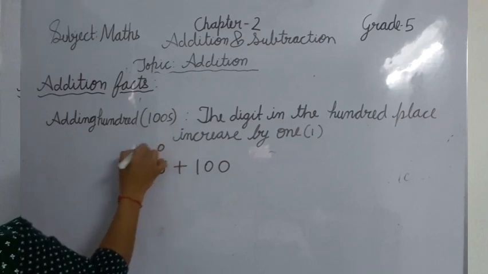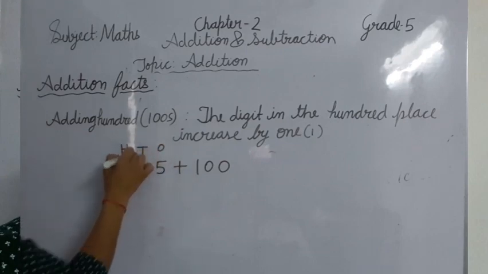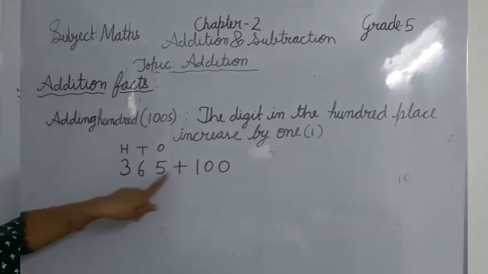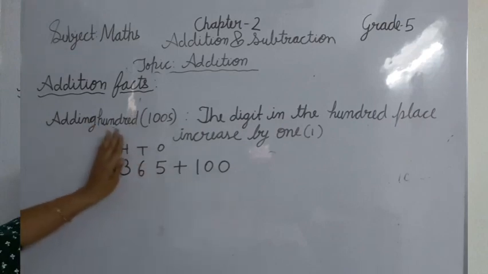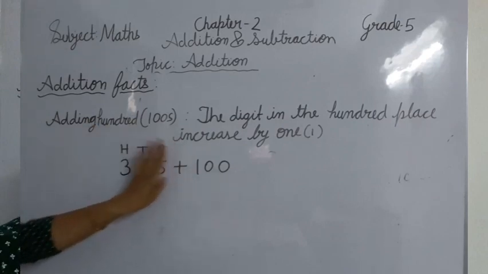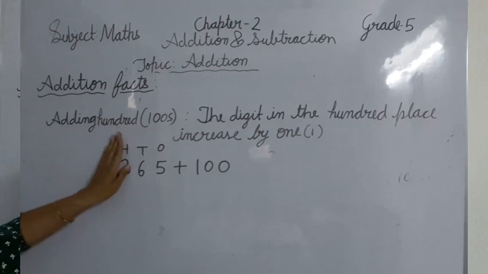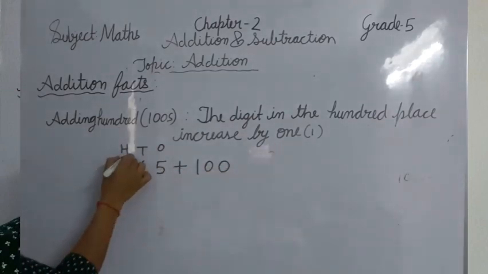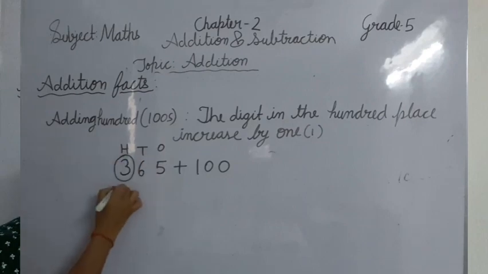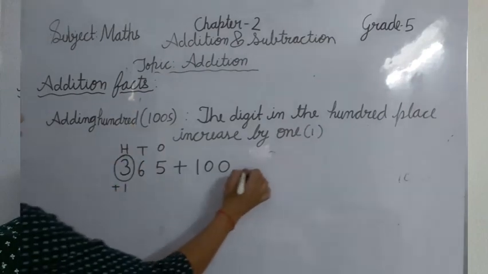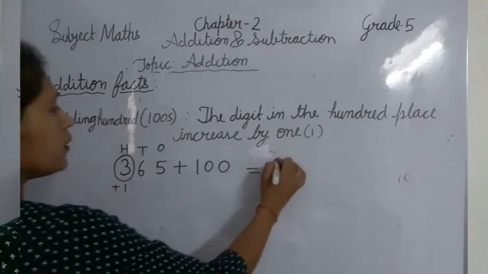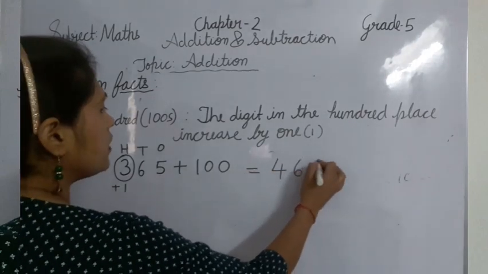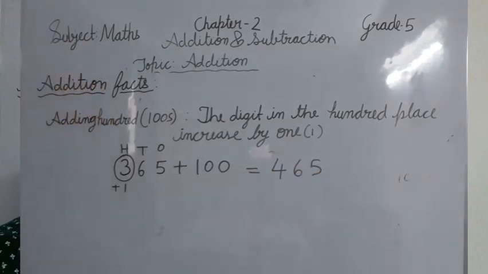So this is ones place, tens place and 100 place. I told you if we are adding 100, only the 100 place will change. The rest places will be the same. And the 100 place we have to increase by 1. So this is the 100 place. This one we have to increase by 1. So what will be our answer? 3 and 1 makes 465.